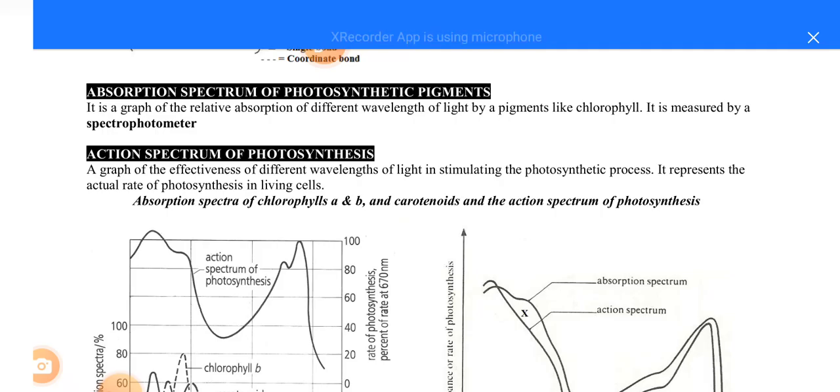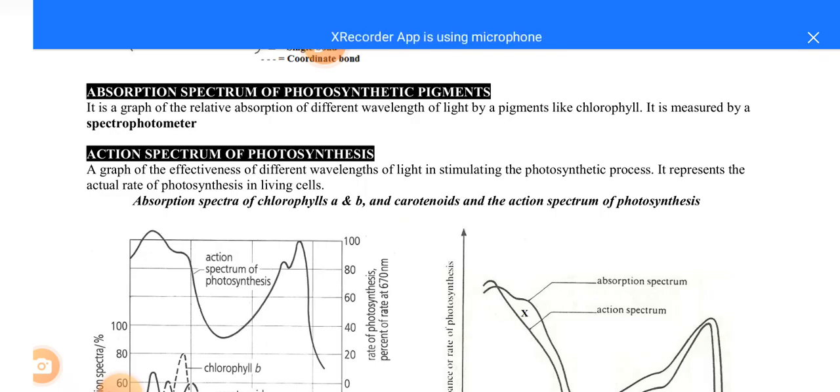Now, when you look at the action spectrum of photosynthesis, action simply means the effectiveness, or an act upon something. So the action spectrum is a graph of the effectiveness of different wavelengths of light in stimulating the process of photosynthesis.